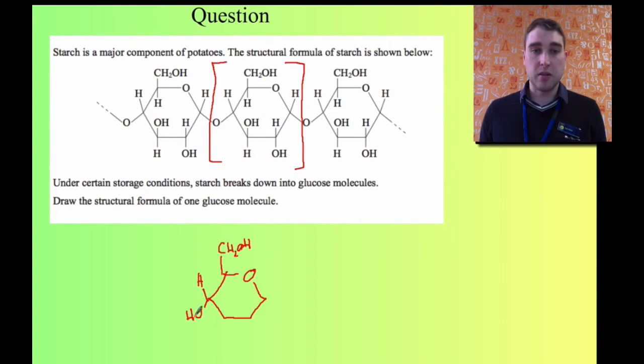So we've got OH here, H there, OH there, H there. Now here I'm going to go up H. Down here again I want my oxygen and I want to have a hydrogen as well. And I've only got one more H to put in here. Alright, and there's a picture of glucose. I'm using the picture here to help me figure out what the structure is going to be.